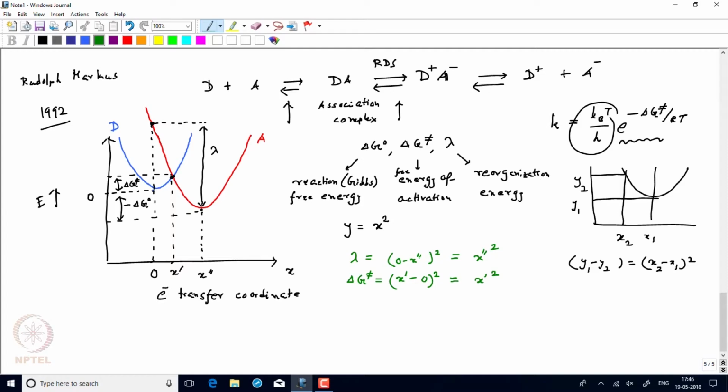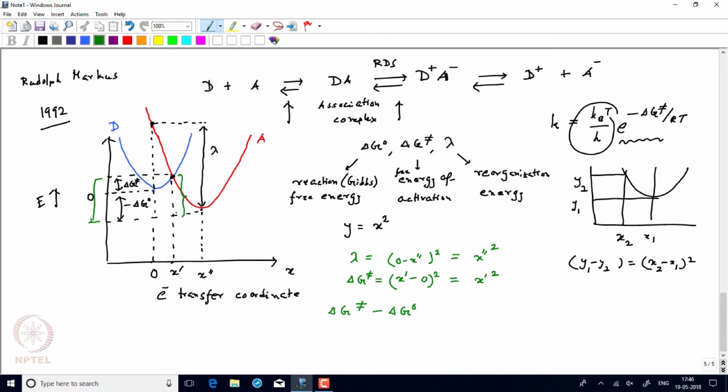So what we are left with is, think about it, what will be this gap: delta G dagger plus the negative of this free energy change, so delta G dagger minus delta G0. So basically this is the energy gap we are talking about.